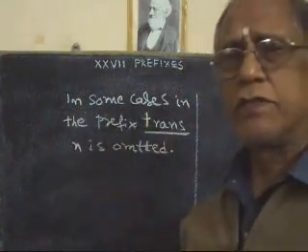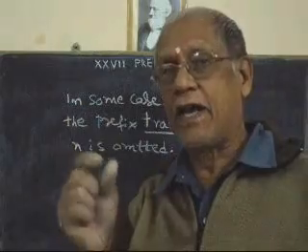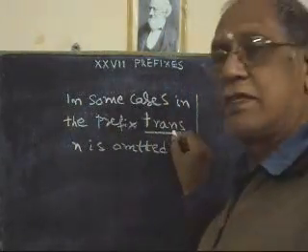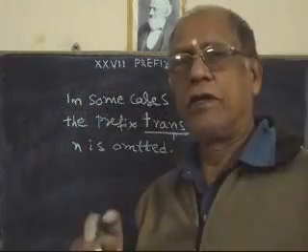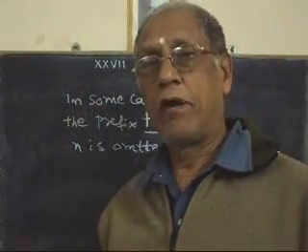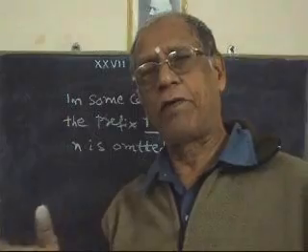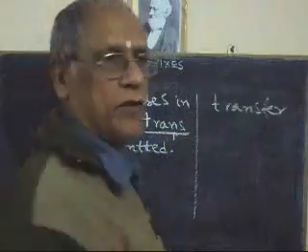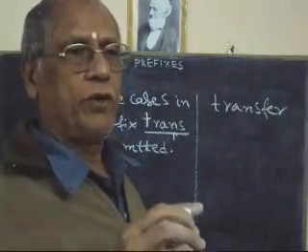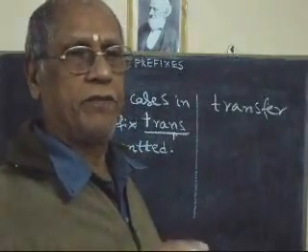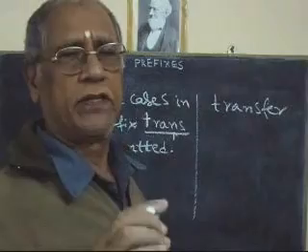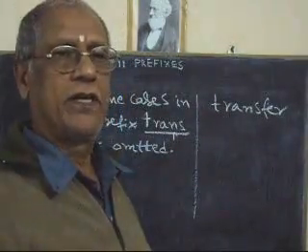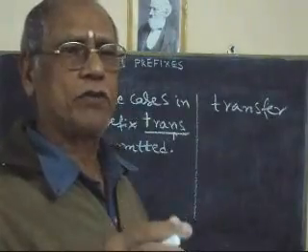In some cases, in the prefix trans, this N is omitted in a few cases, but full outline is preferred for convenience. Transfer. See, we try to write the word quickly. In the word transfer, the N is very lightly pronounced.